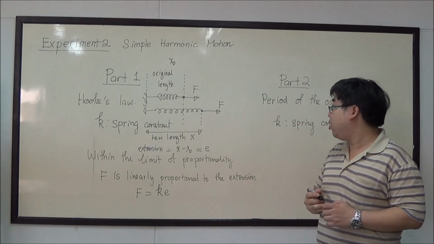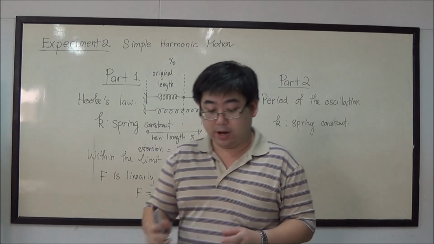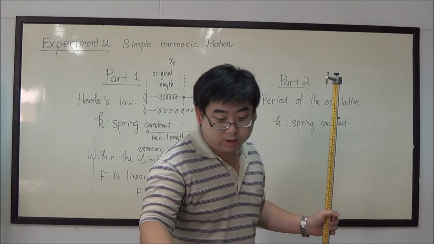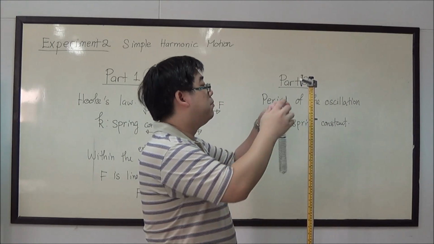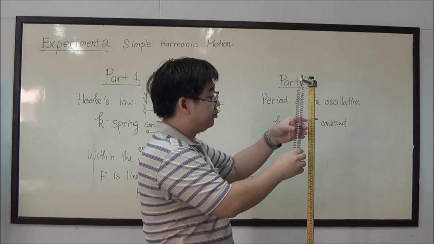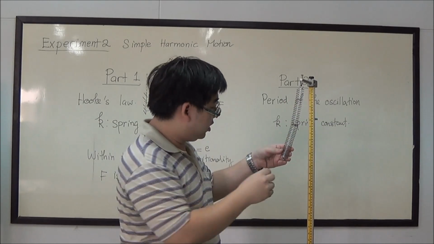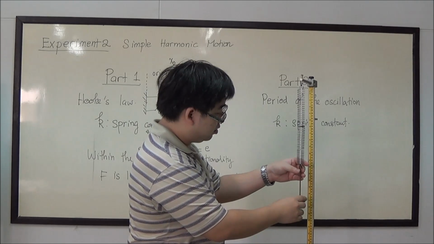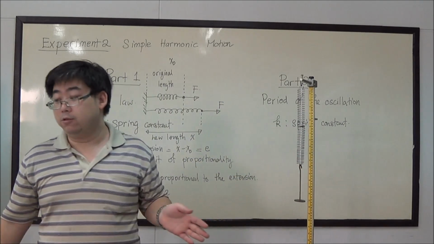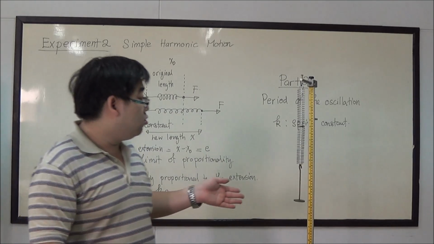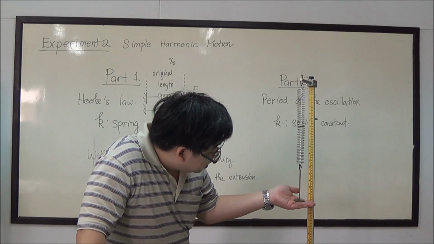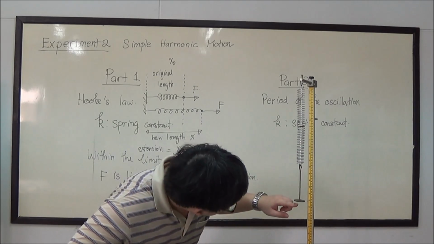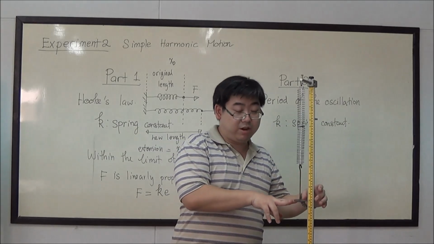So how are we going to do the first experiment? In this experiment, you are given a stand and a spring, so you put the spring on top like this, and then you've got a place holder. You must be very careful when you make a reading of the length of this spring here, because the scale here is very far from this.